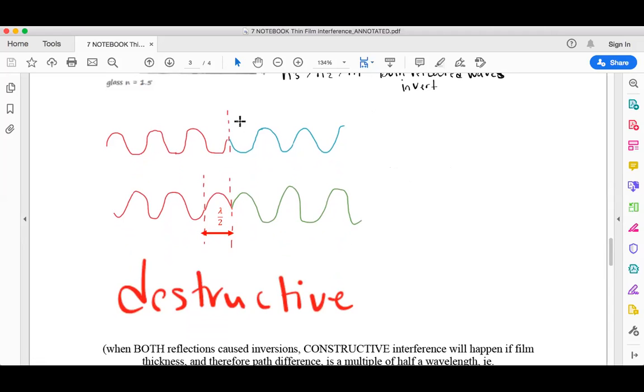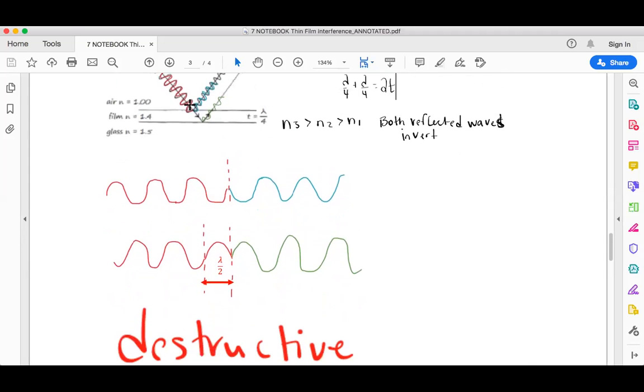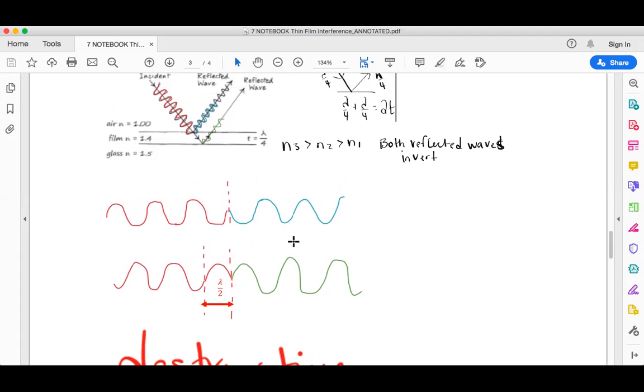And again, the destructive interference would have happened with the two reflections for any half wavelength increment of wavelength. So here it was going fast to slow to even slower, and we had two inversions.